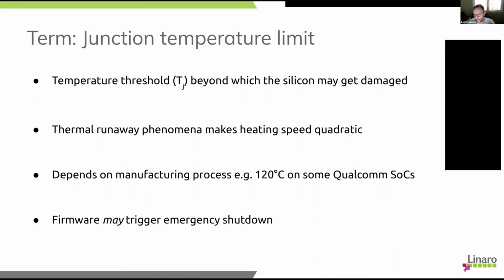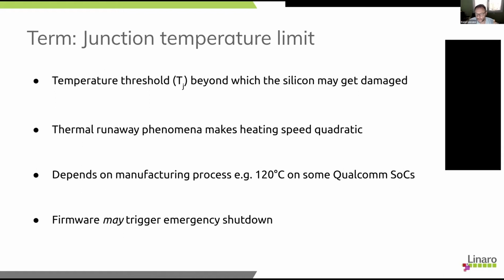When we reach the firmware or the hardware limit, usually the critical action is just to shut down the system. We don't want to do that, because we can lose information, and we can break the system for any reason.